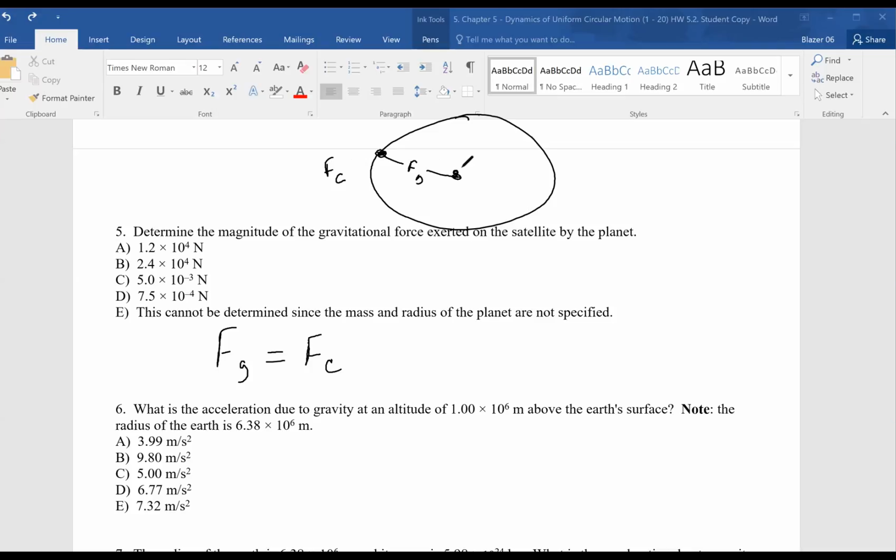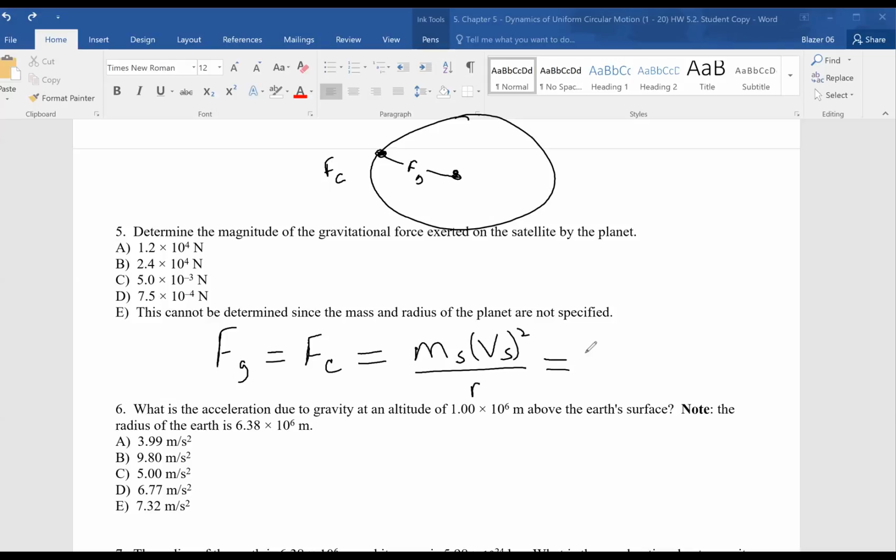So if I want to find the gravitational force on the satellite, I can simply find the centripetal force. If I know the mass of the satellite, the velocity of the what? Satellite, squared divided by the radius, how far it is out.